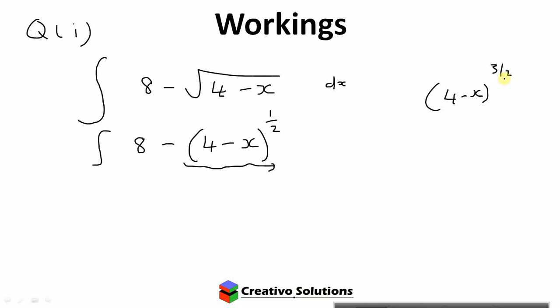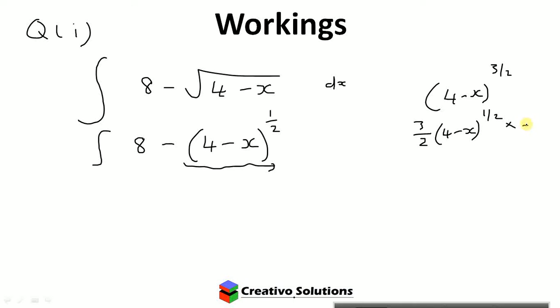If it's 3 over 2, what they've said here is that if I multiply this out, I'm going to get 3 over 2 bracket 4 minus x to the power of half, times minus 2.